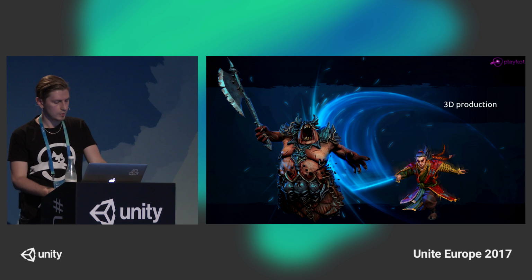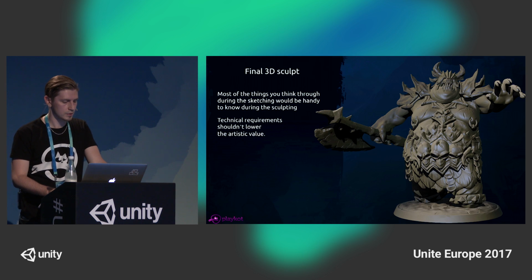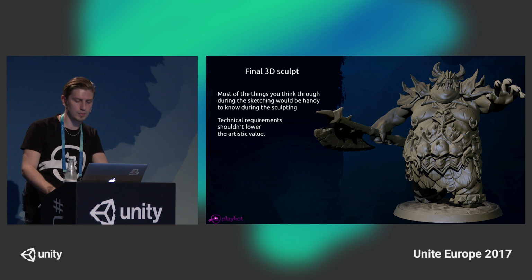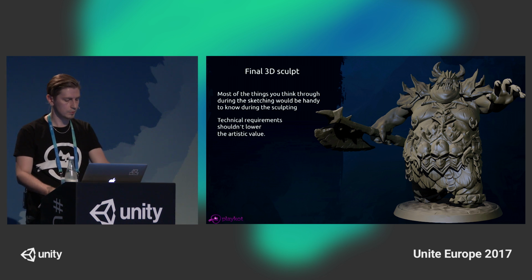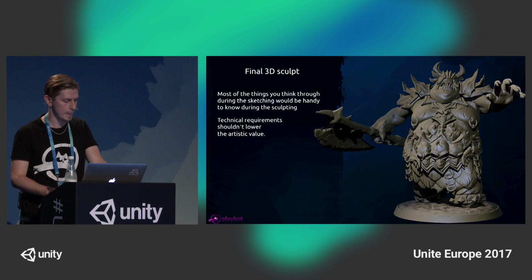OK, now let's talk about the 3D production of our game. 3D production starts with 3D sculpting, and most of the things I will tell you about are thought through at the stage of sketching, but if the sculptor doesn't think about it while doing high poly, it's really easy to make a mistake.